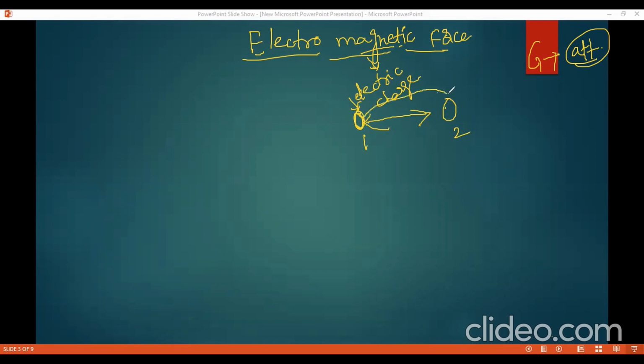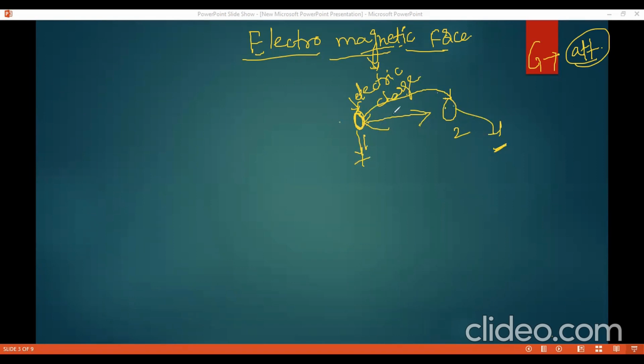So the force is exerting on this particle. How is this kind of force exerted? Because of electric charge on the particles. There is some electric charge on this particle as well as on this one.